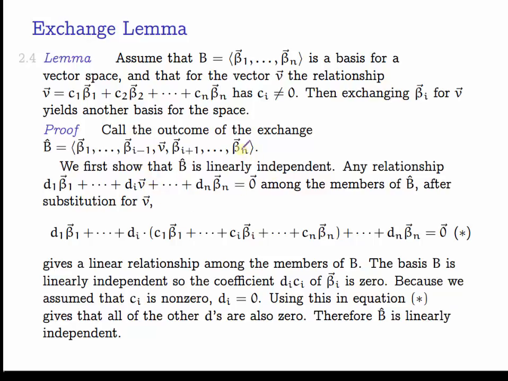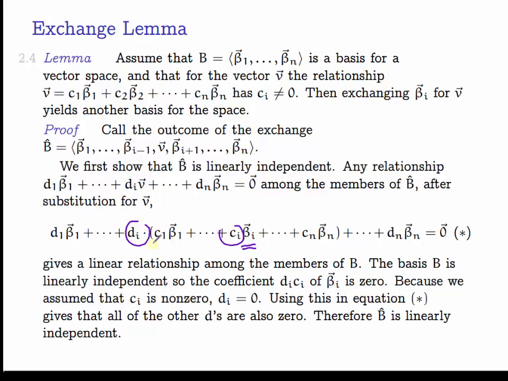Then we substitute in for V, and here we get a relationship for the betas. Now we know that the betas form a basis. So that means all the coefficients of all the beta n's must be 0. Now look at the coefficient in this expression for beta i. Here's the only beta i in the expression. The coefficient of beta i is Ci times Di.